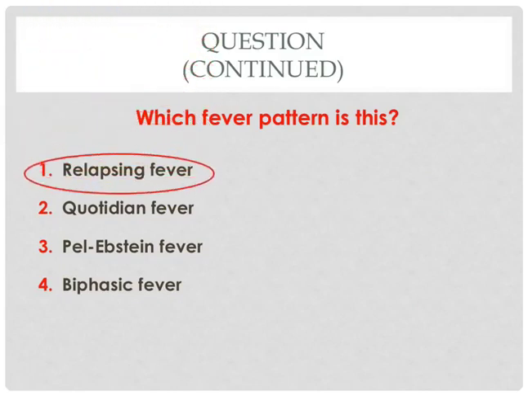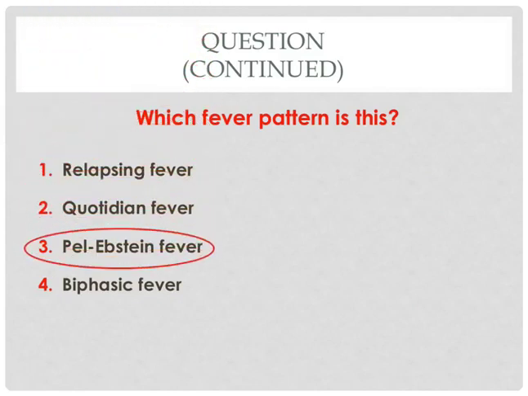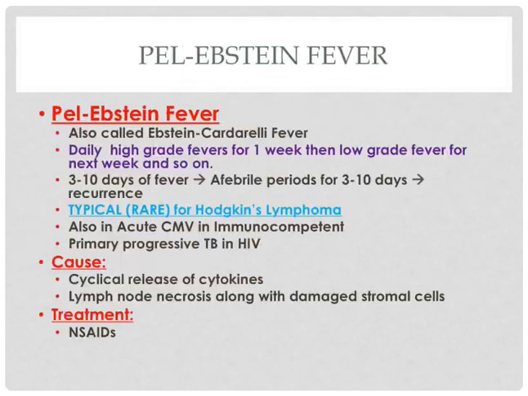So yeah, but I was trying to get at Pel-Ebstein fever. What is that? It's also called Epstein. It's based on the names of these two physicians who found this type of pattern, particularly in lymphoma patients, in Hodgkin's lymphoma patients. It's daily high-grade fevers for about a week.